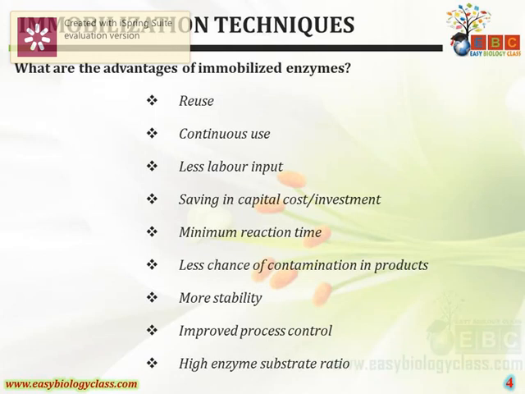This is also a very isolated process, so there is less chance of contamination of the products. Enzyme immobilization also gives more stability, so we can use the enzymes a number of times.